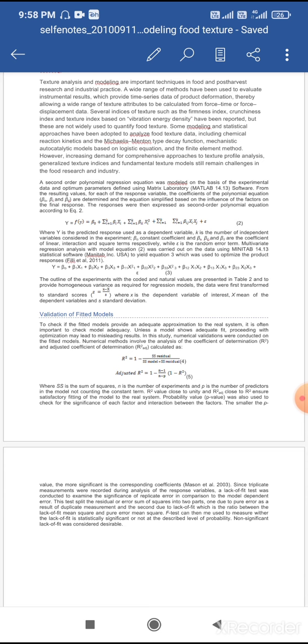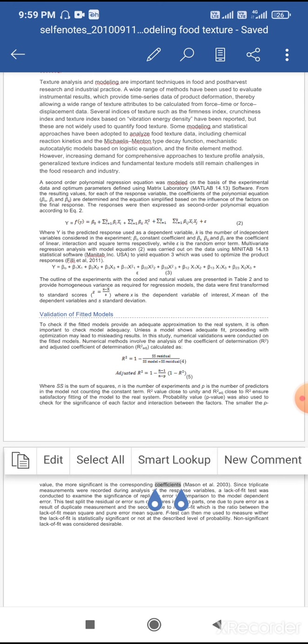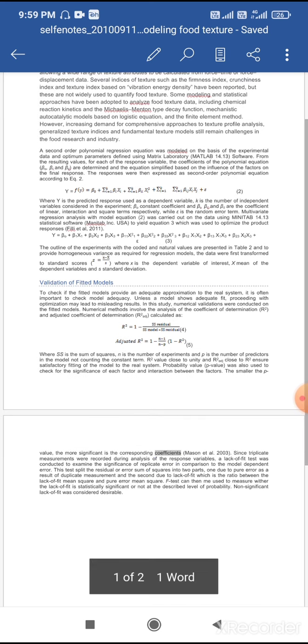Bij means interaction between variable first and second, and Bjj is interaction between the second variables, while epsilon is the random error term.